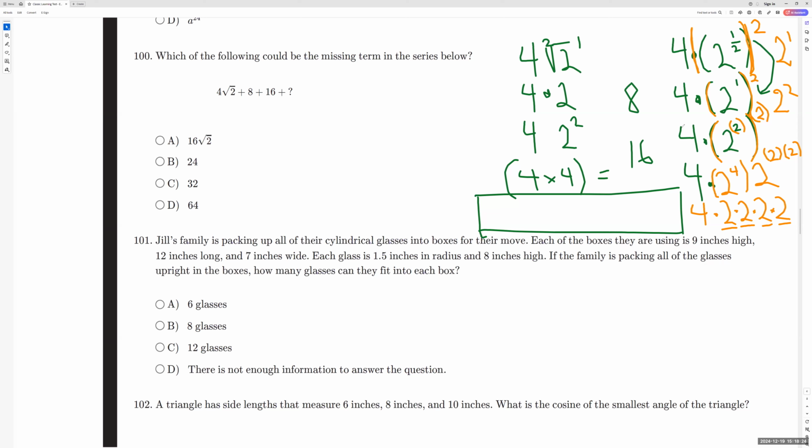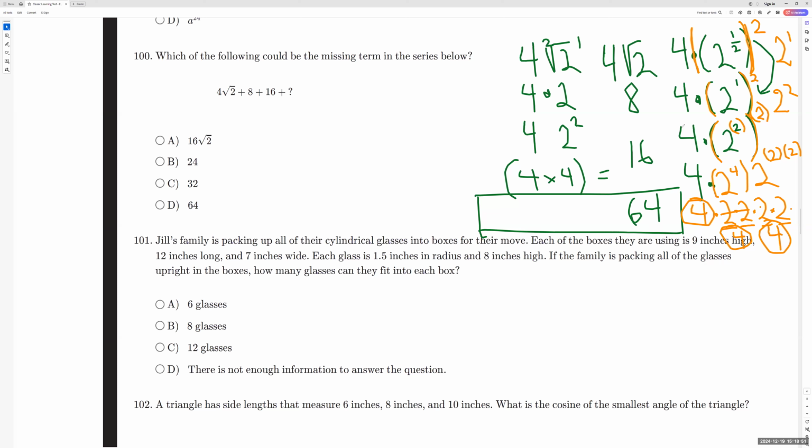So this is 4 times 2 times 2 is 4, and then 2 times 2 is 4. So I'm multiplying 4 times 4, 16 times 4, 64. So the next number in this sequence, you get 4 and the square root of 2, then you get 8, then you get 16. Finally, you're going to get 64.